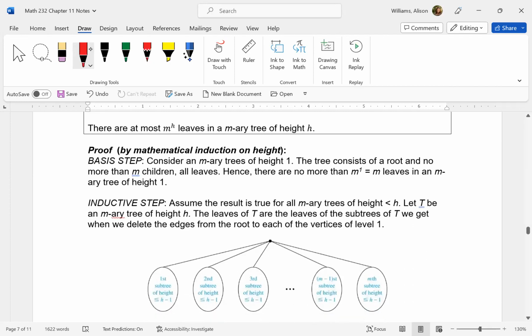The induction step basically takes our assumption, assume the result is true for M-ary trees less than height H. Okay, so they're actually going below height H. That would mean that we're assuming they have at most M to the H minus 1 leaves.